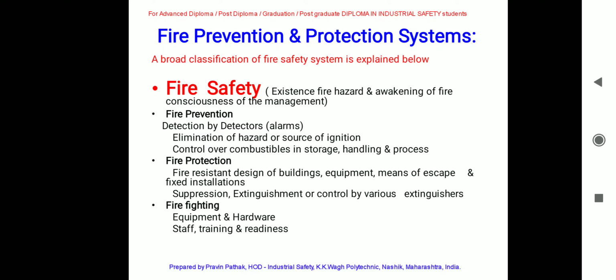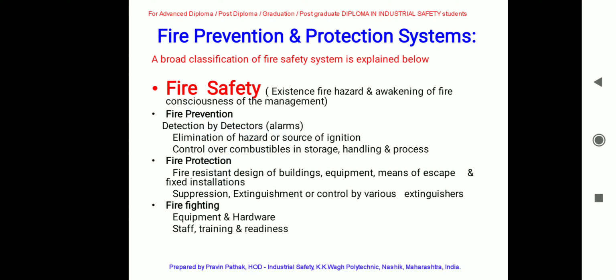The first element is fire safety, that is the existence of fire hazard and awakening of fire consciousness of the management. It means under fire prevention and protection system, fire safety is one of the major aspects, and the second aspect is fire prevention.